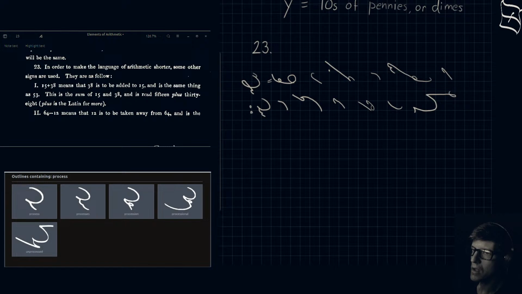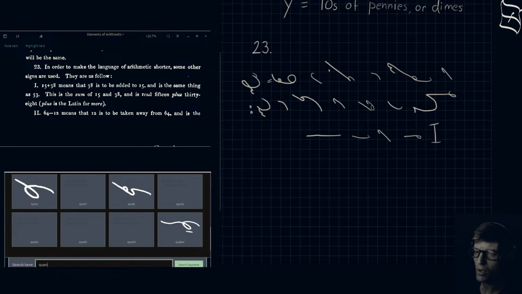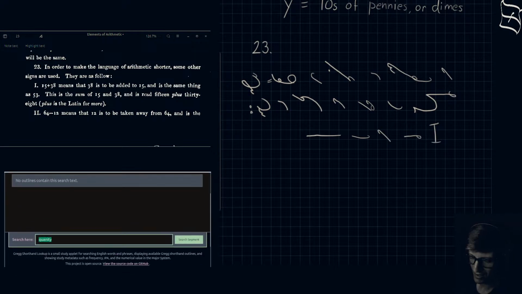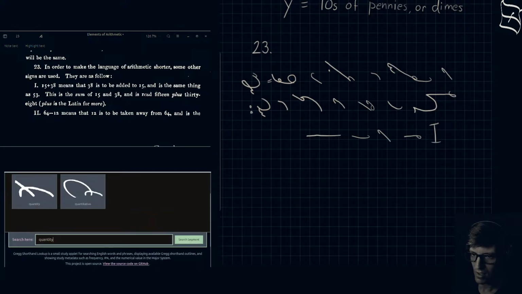So the sum. When two numbers are joined, when two or more quantities, let's look up quantity. Oh, I think I know that one, but I'll check it. If I could spell it correctly. Here we go, quantity.